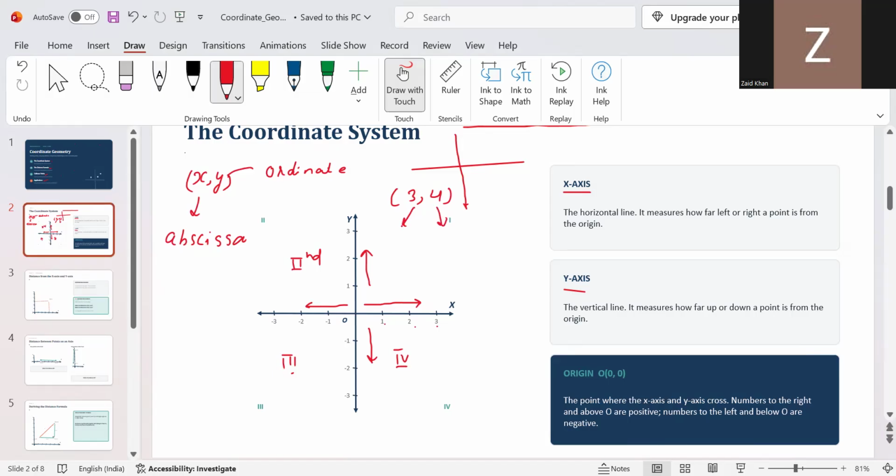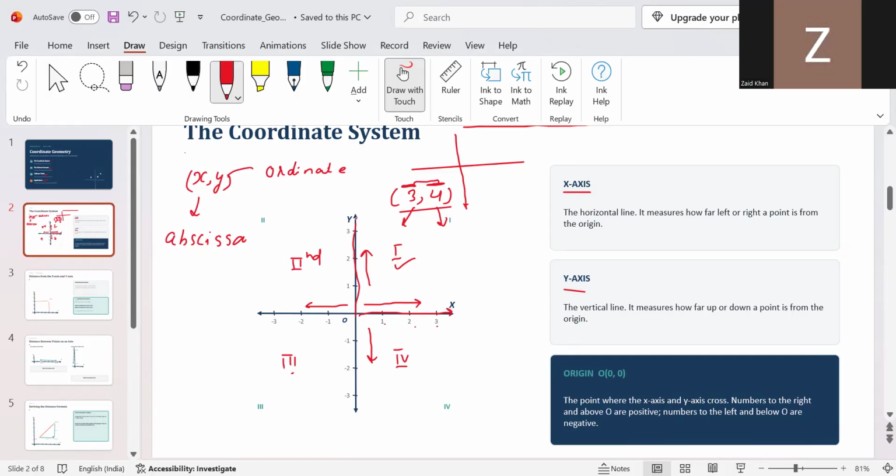Now, how would you know in which quadrant a point lies? Whether it will be in the first, second, third or fourth quadrant. To check this, you have to look at the signs. If x is positive and y is also positive, x is positive in this direction and y is positive here.